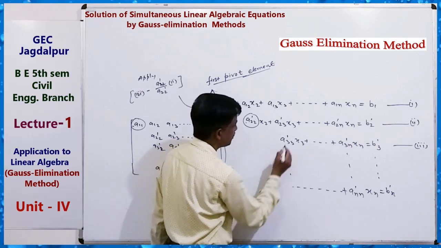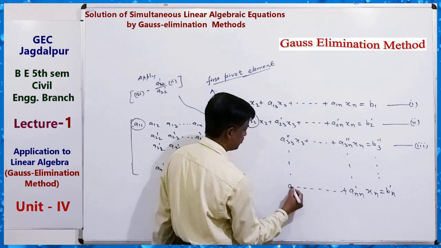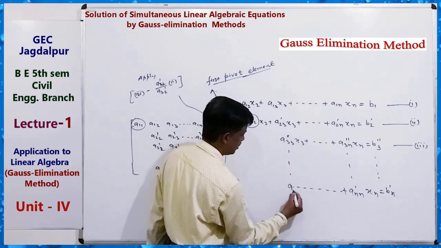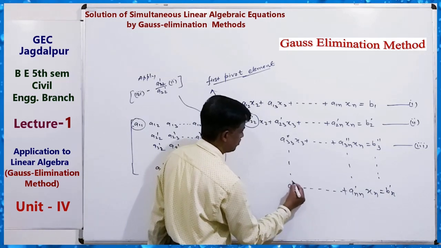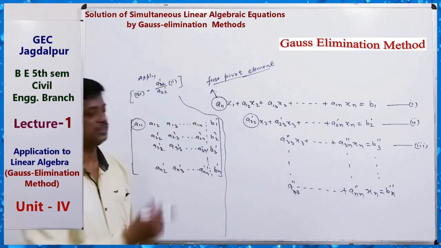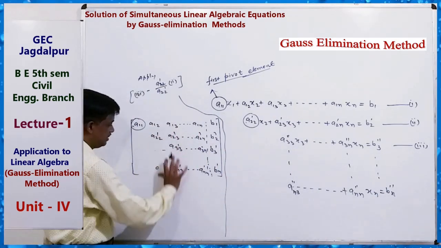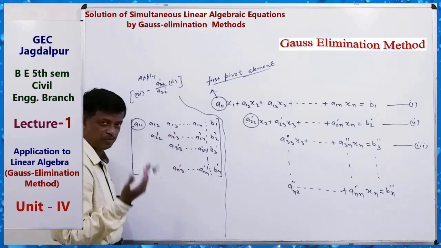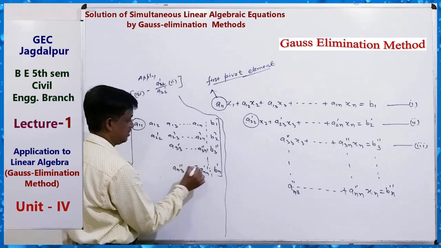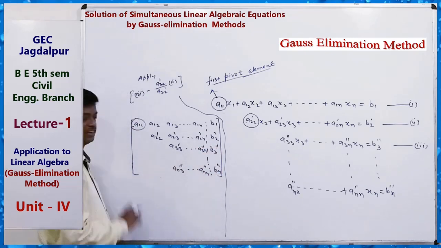So here will be A33'', A3n'', double dash, double dash. You can get it like this. That means this will be 0 by applying the operation, and this will be the new constant.